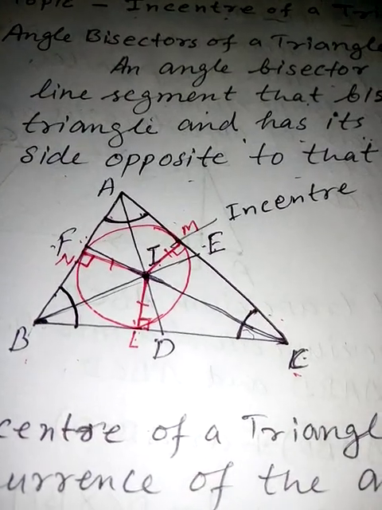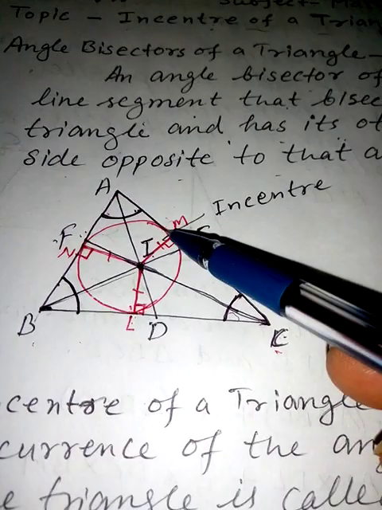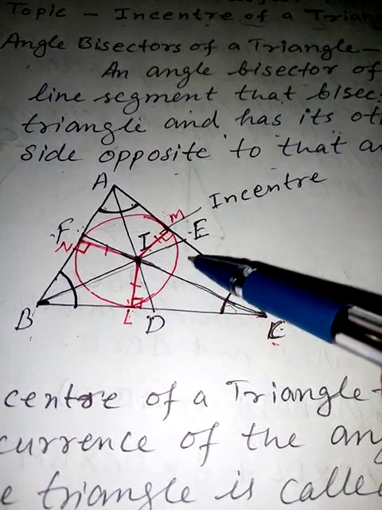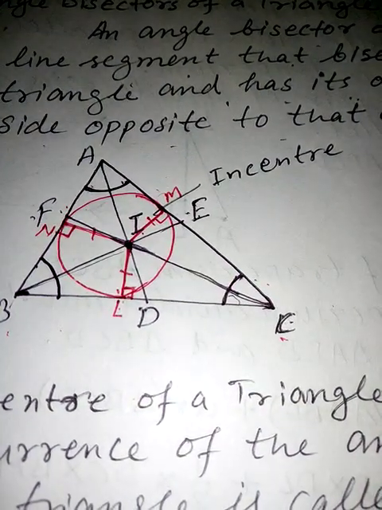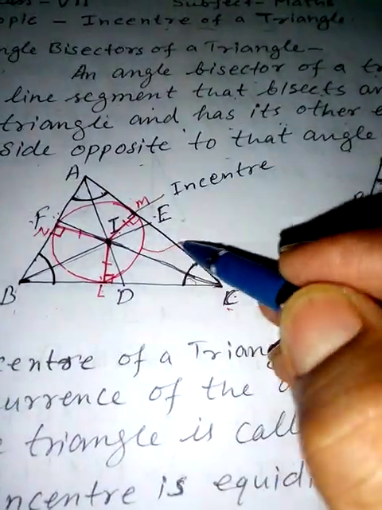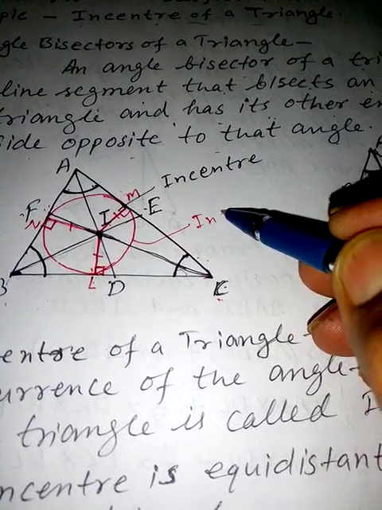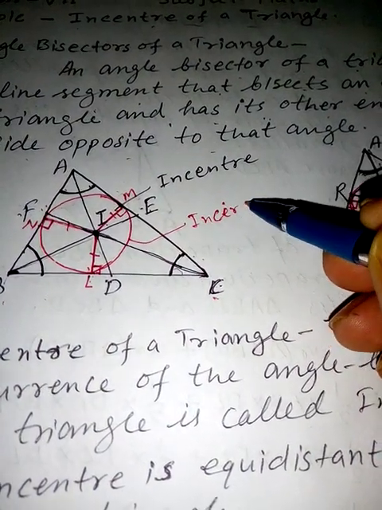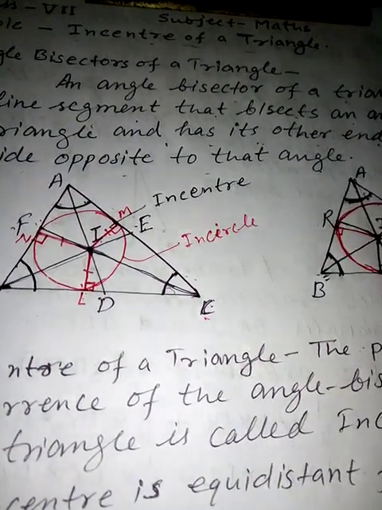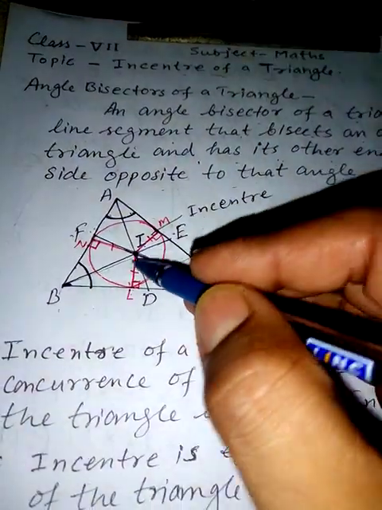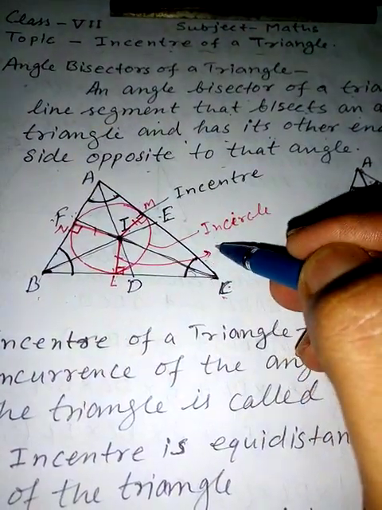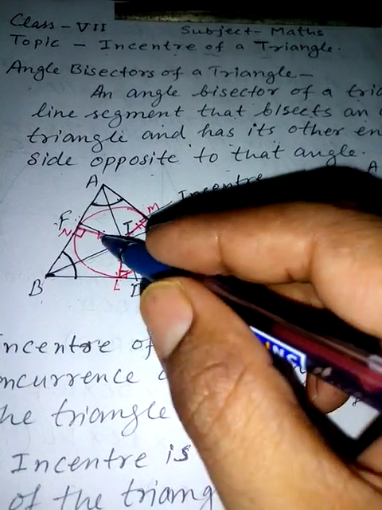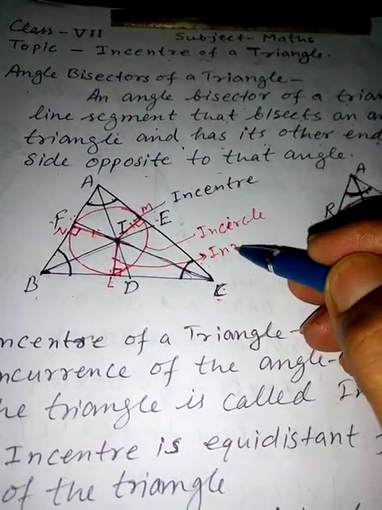Hence this is a circle inside the triangle, so it is called the incircle, and this is the inradius, because these are equidistant.